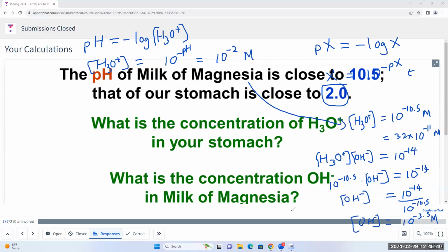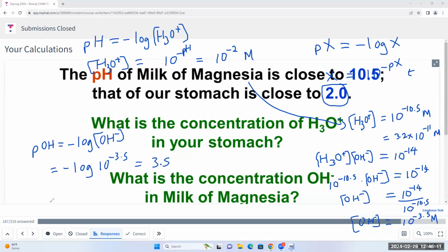And then the pOH is negative log OH minus concentration. So that should be equal to negative log of 10 to the power of minus 3.5, which is 3.5. Pretty straightforward, right?